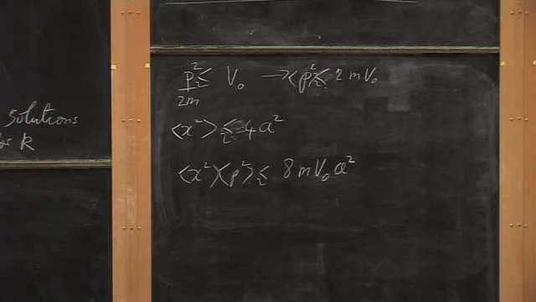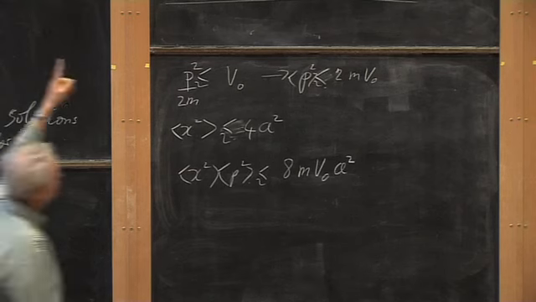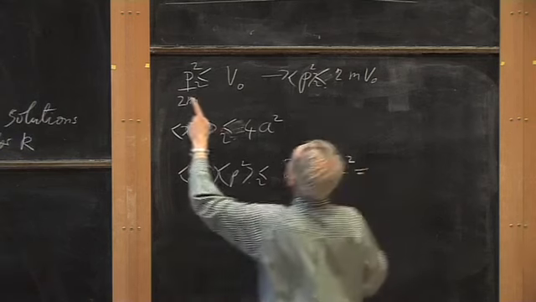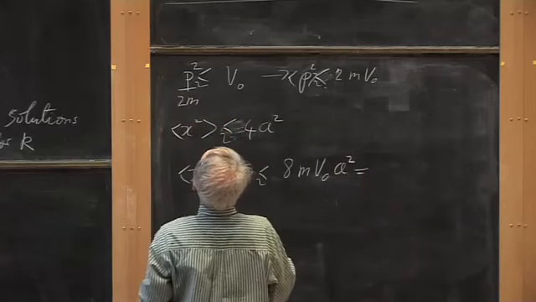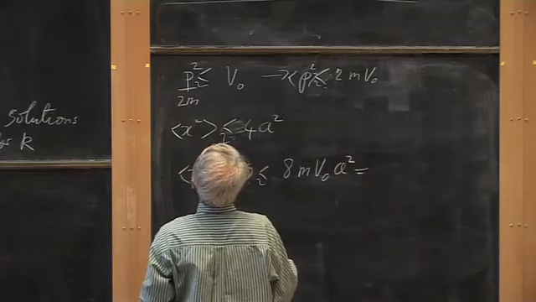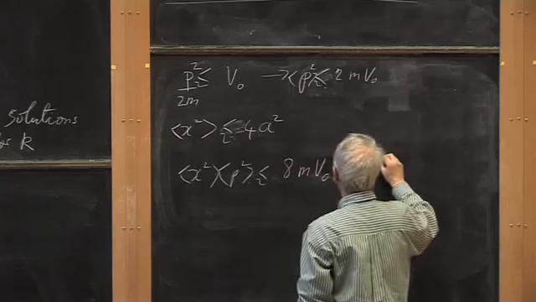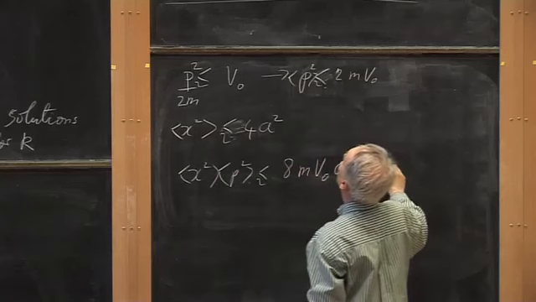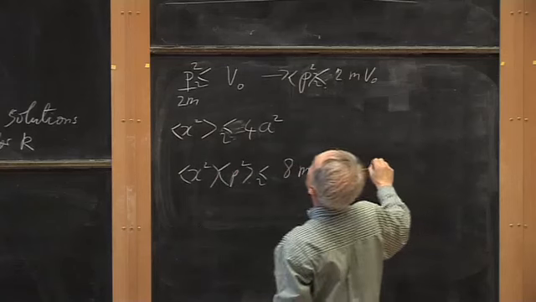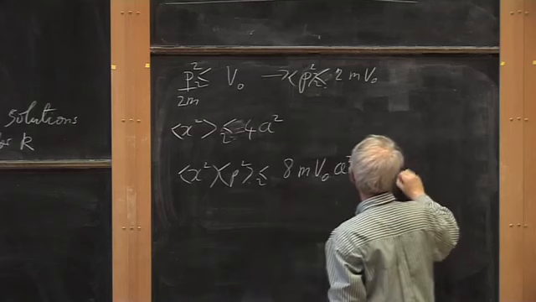But that is W, isn't it, somewhere? Yeah, look, this is basically W, because that was 2m V0. So this is something like 4m V0 a squared is h bar squared.